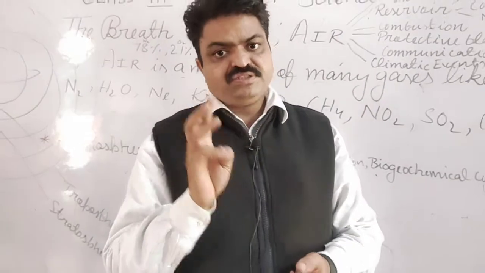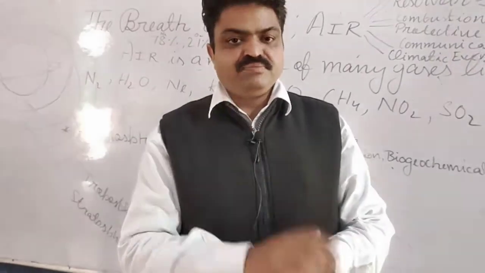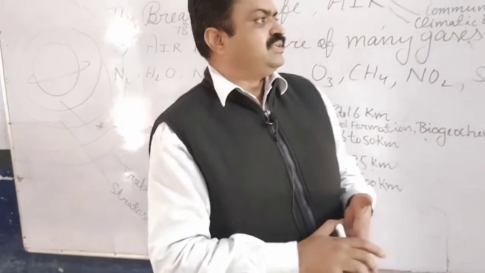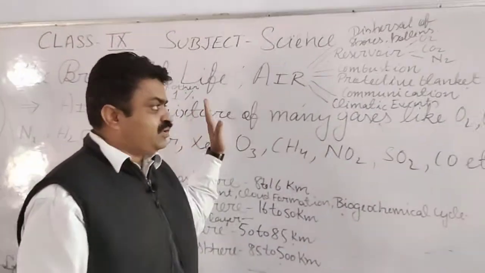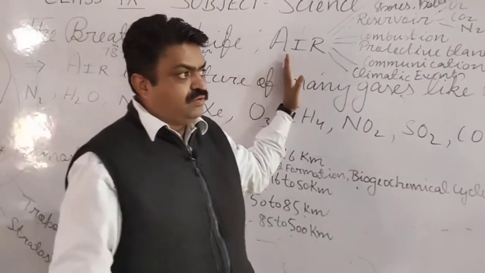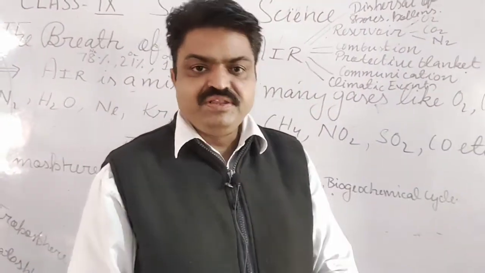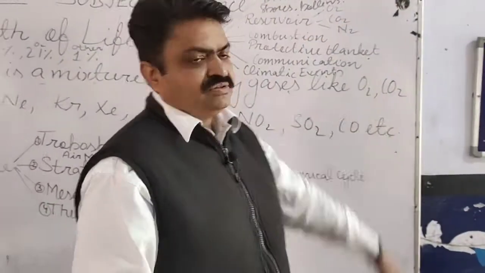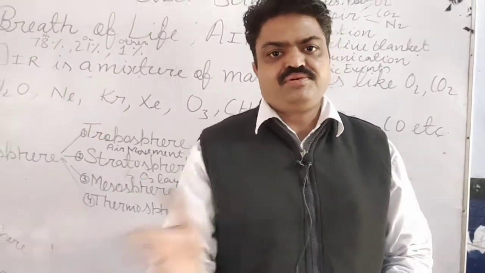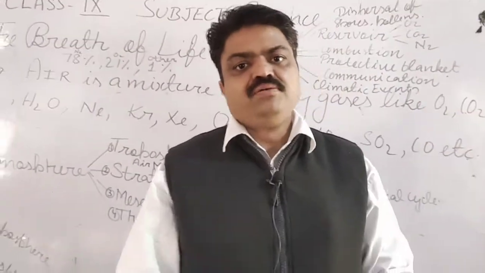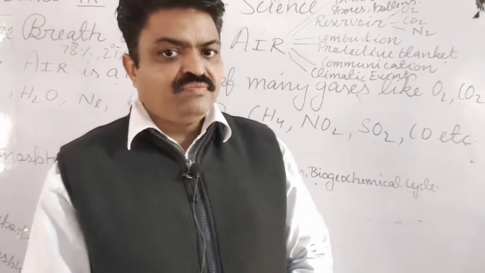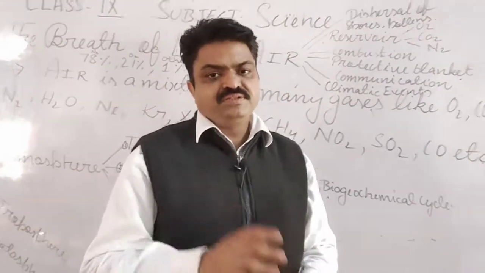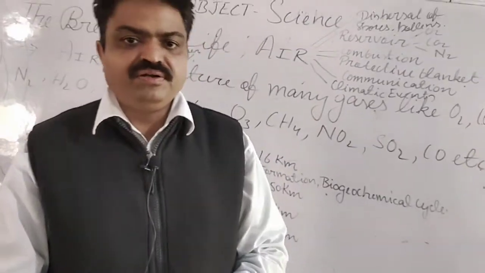Means for pollen distribution, seed distribution and spore distribution, air plays a very important role, because air causes wind, and with the help of the wind these seeds, spores and pollens are distributed from one plant to another. So for the dispersal of spores, pollens and seeds, it plays a very important role.